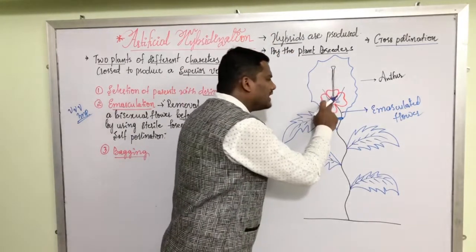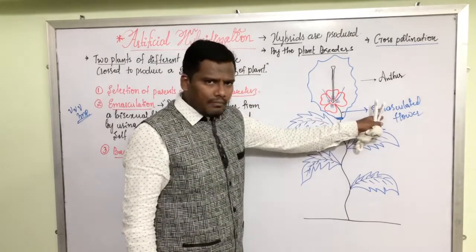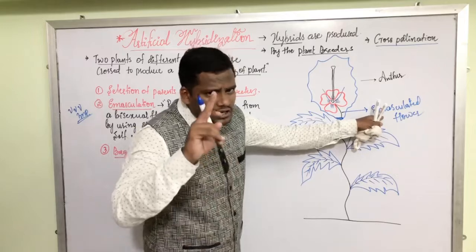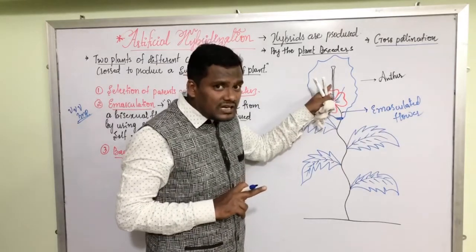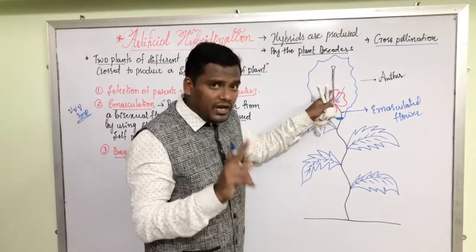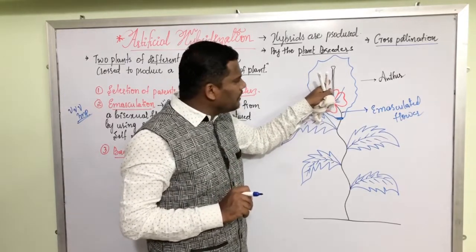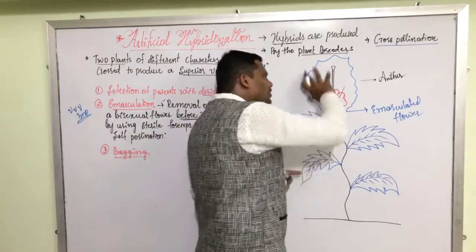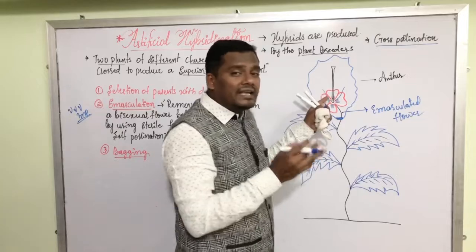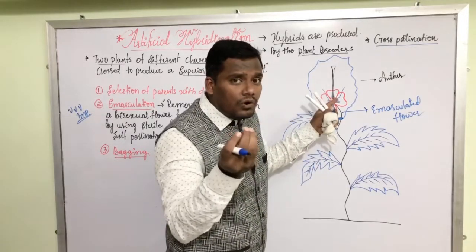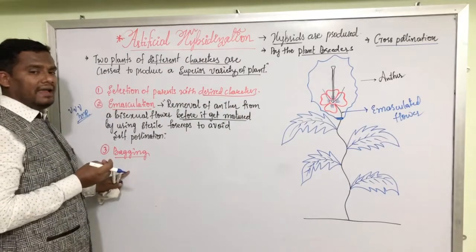We have not at all disturbed the female part during emasculation. Emasculation means only the removal of the male reproductive part. This female reproductive part should be covered with a butter bag to prevent the landing of unwanted pollen grains. That process is called bagging.